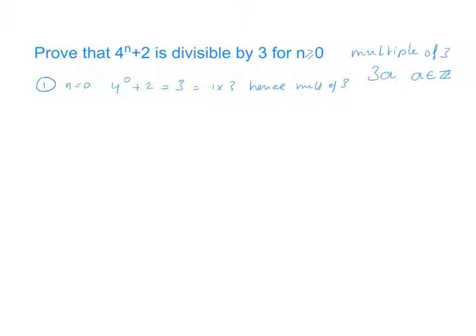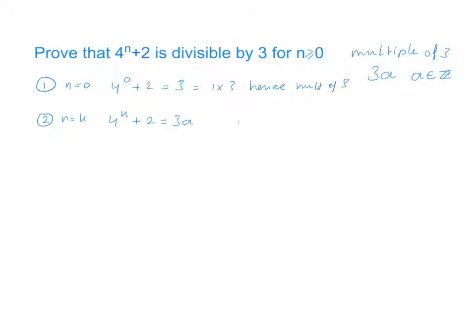So the first step is proven. The second step is the assumption that n equals k is true. So we will assume that 4 to the power k plus 2 is a multiple of 3. That can be expressed as 3a, where a is any integer.